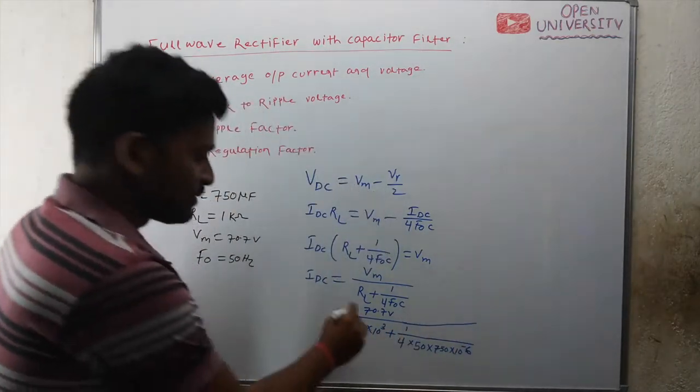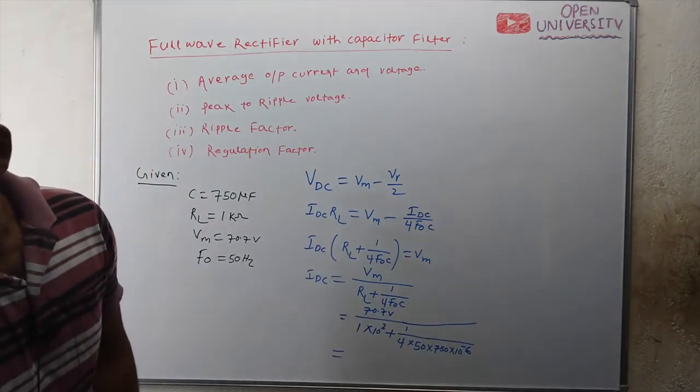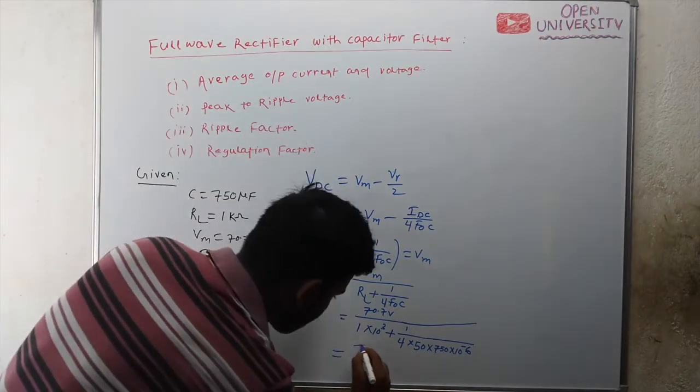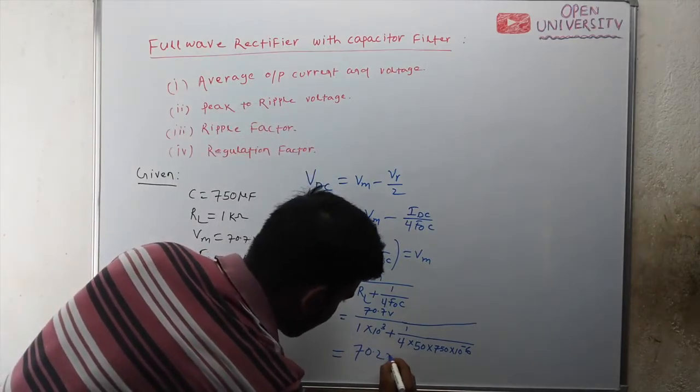If you calculate this value, the value of IDC will be 70.2 milliampere.